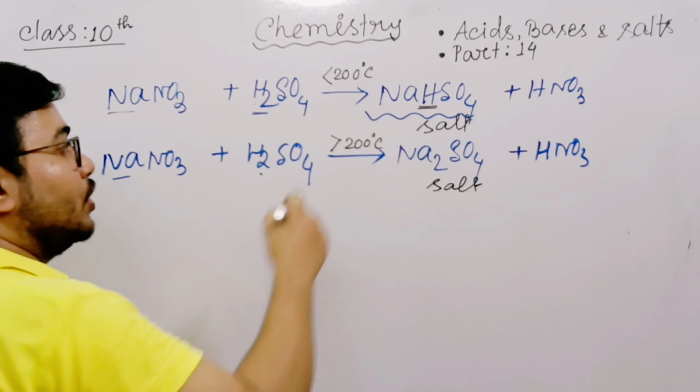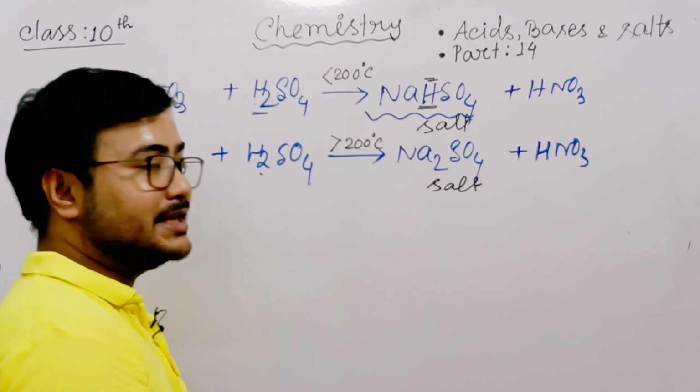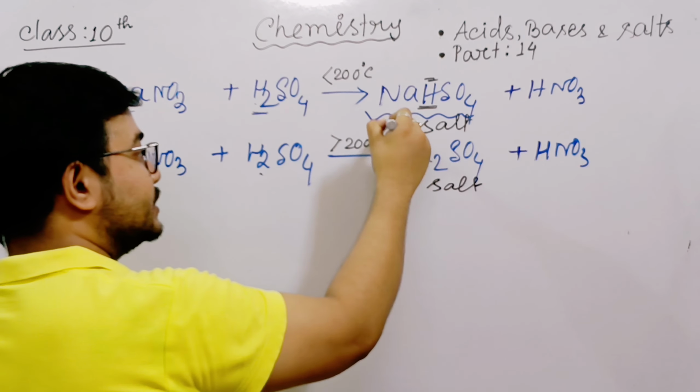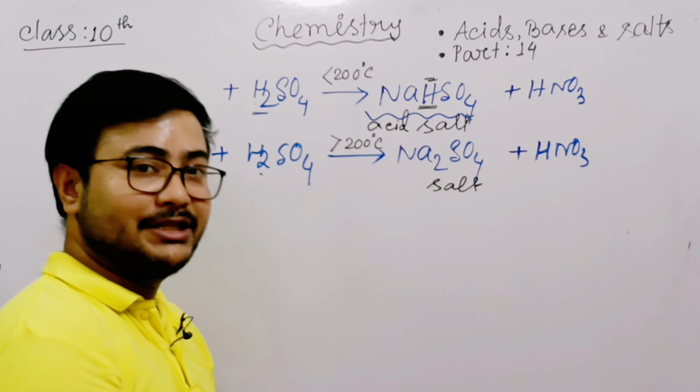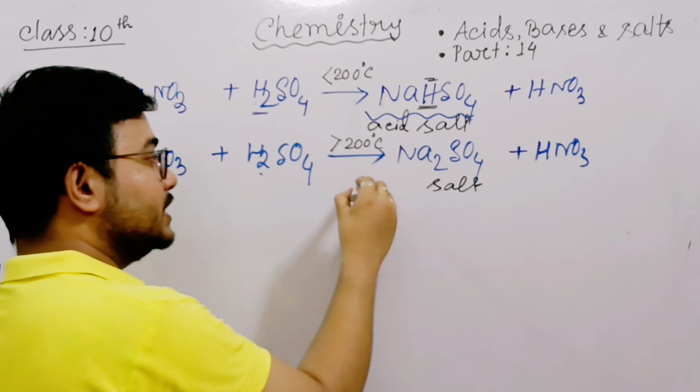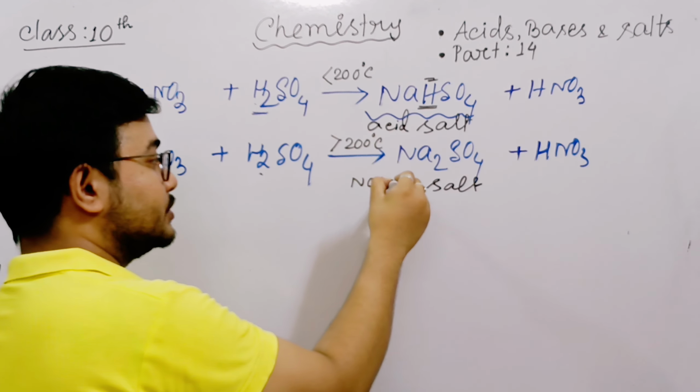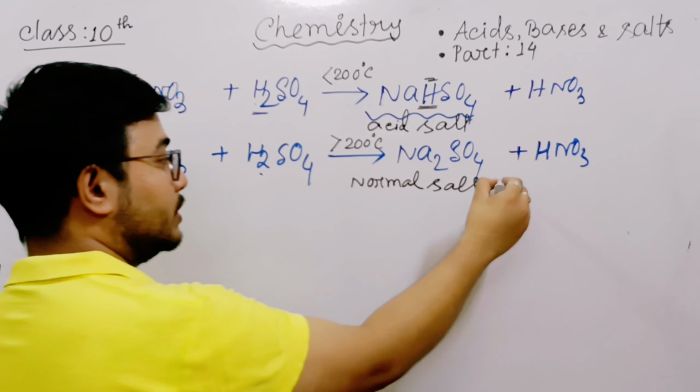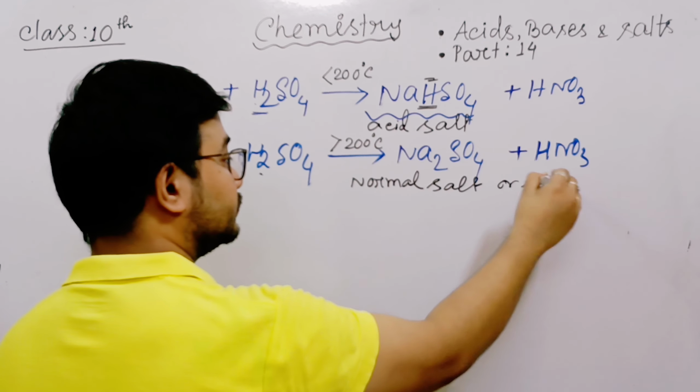But in the salt, if 1 hydrogen is present, then it is called an acid salt or acidic salt. If there is no hydrogen, then it is called a normal salt or only salt.